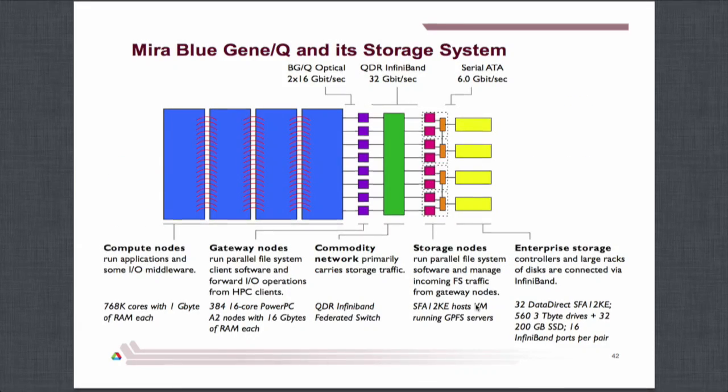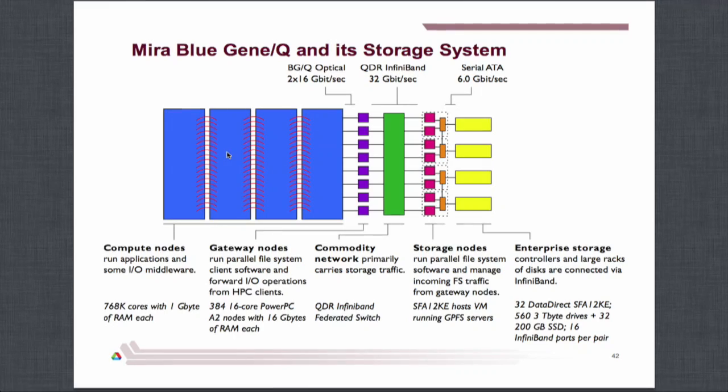And this is what it actually looks like on our hardware at Argonne. The compute nodes are several racks connected together with a torus network. There's 700,000 compute cores. We have a few hundred forwarding nodes that bridge to the storage system. There's InfiniBand that links those forwarding nodes to the actual servers.